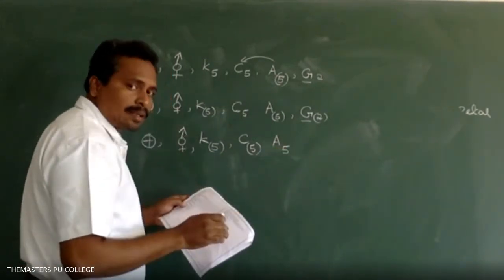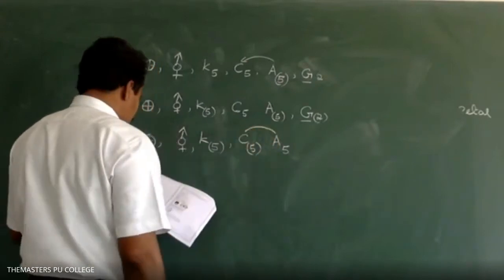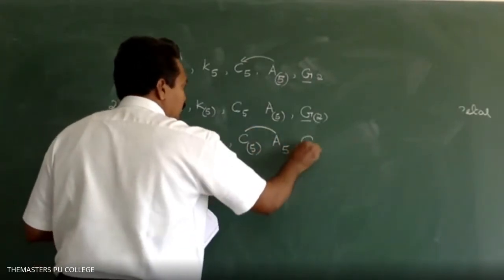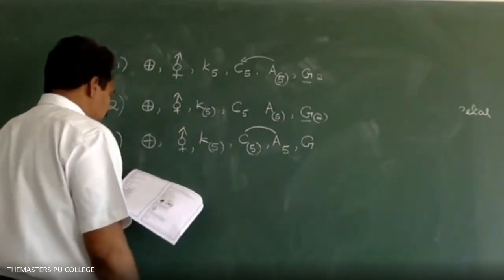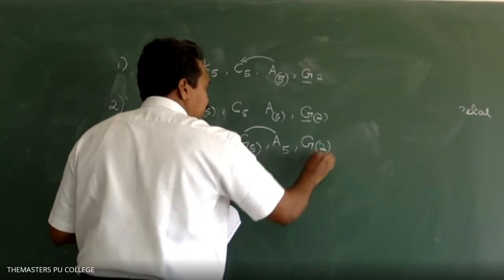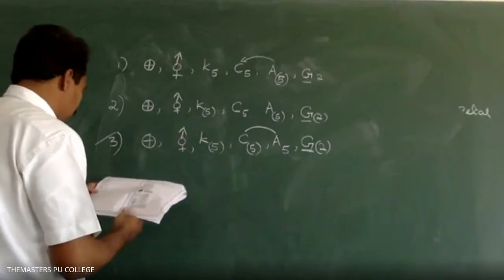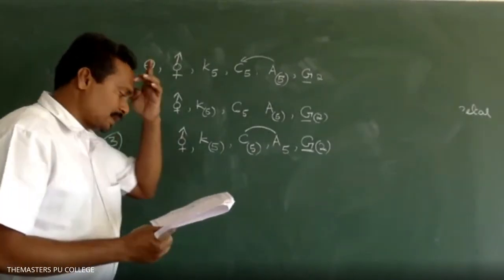The stamens are attached to the petals, epipetalous. Gynoecium consists of 2 carpels. Carpels are fused with each other, syncarpous, hypogynous. Option 3, sir. Very good. Option 3 is the correct answer.